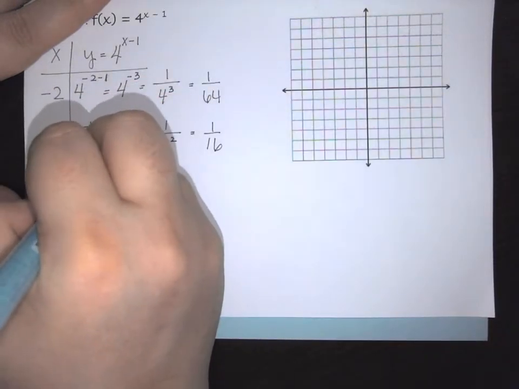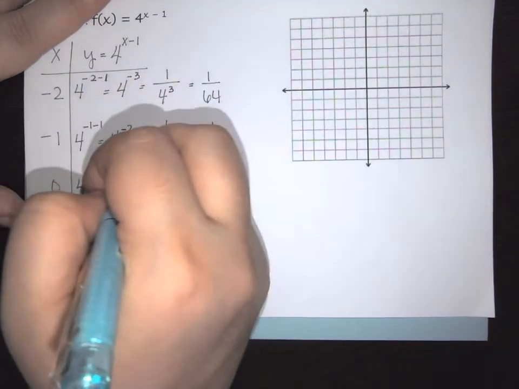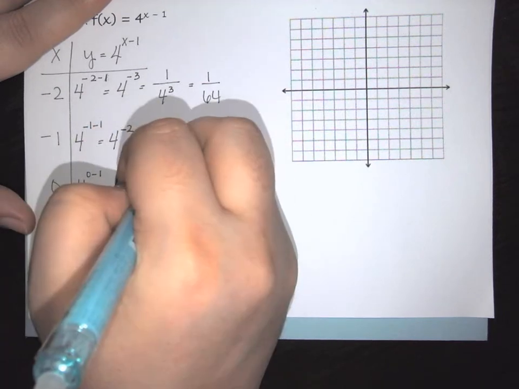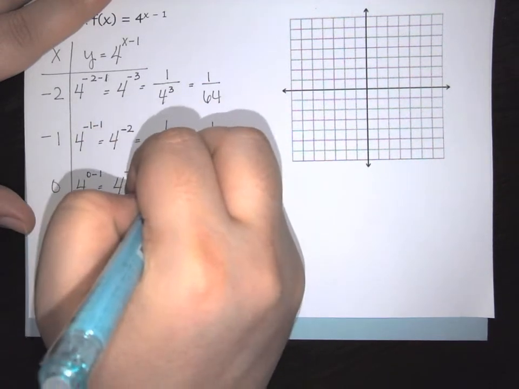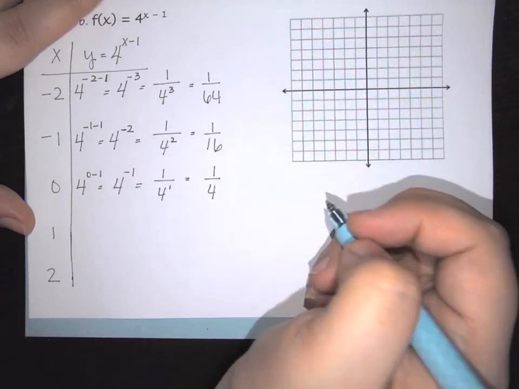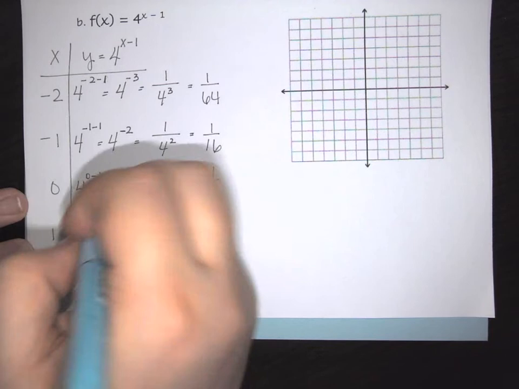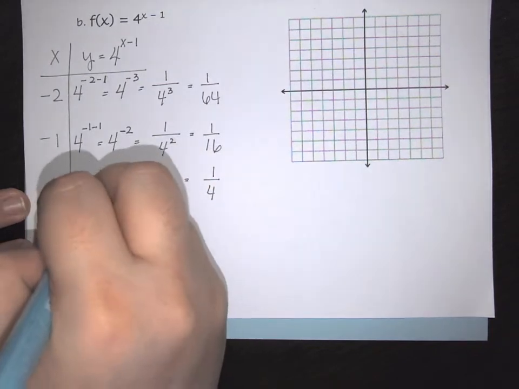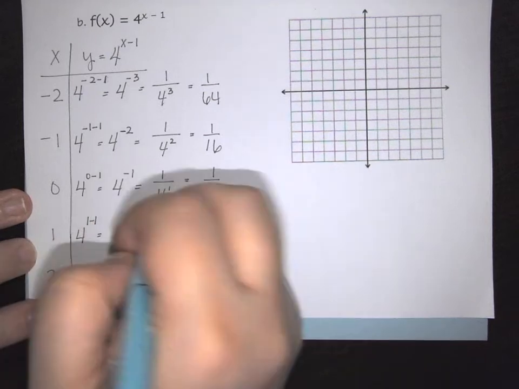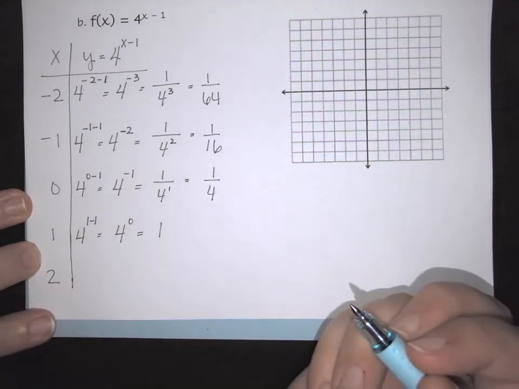I then have 4 to the 0 minus 1. This is 4 to the -1st, which is the same as 1 over 4 to the 1st, which again is 1/4. Here I'm going to have 4 to the 1 minus 1. This gives me 4 to the 0 power, which gives me 1.